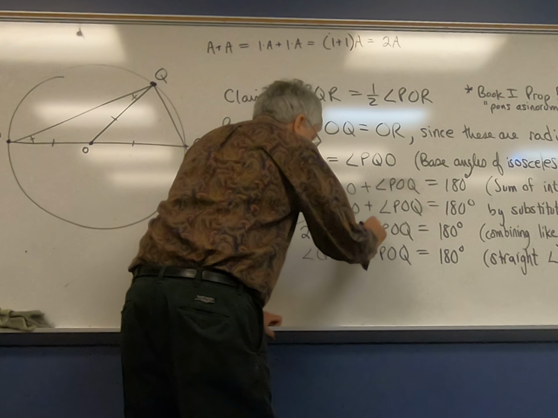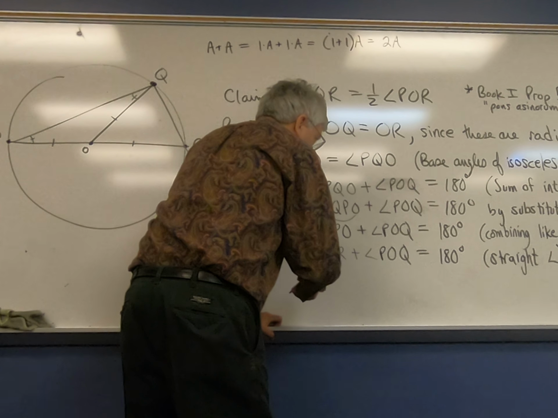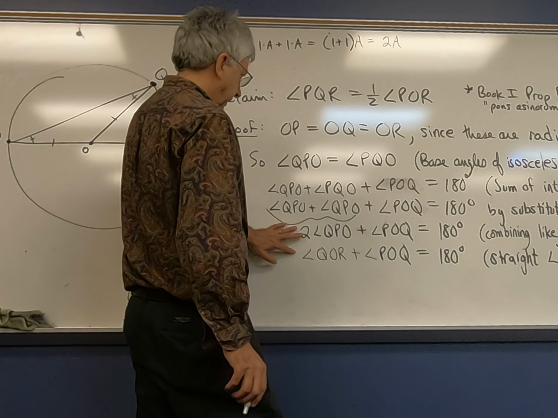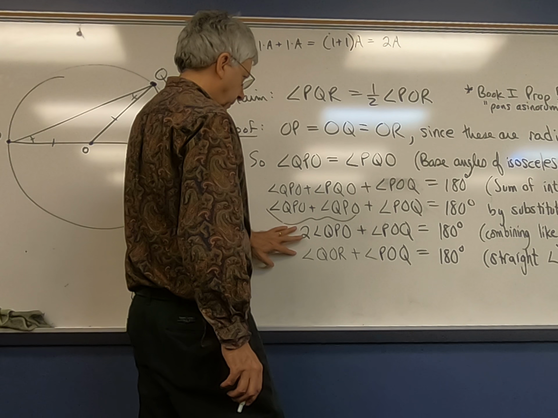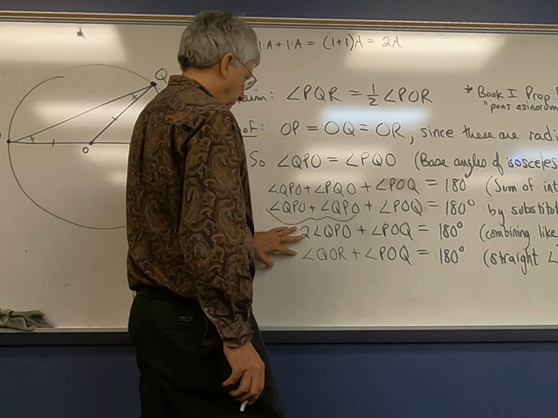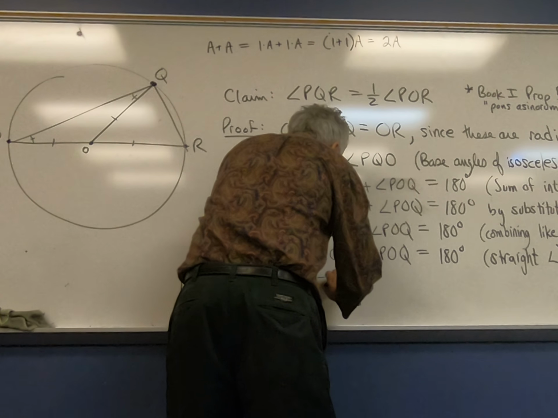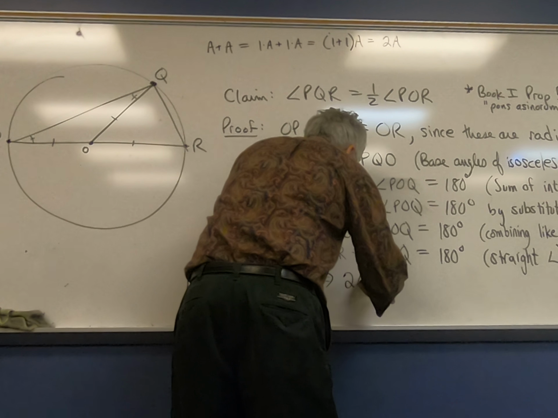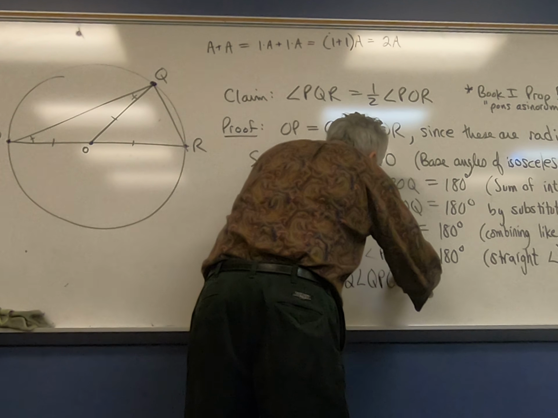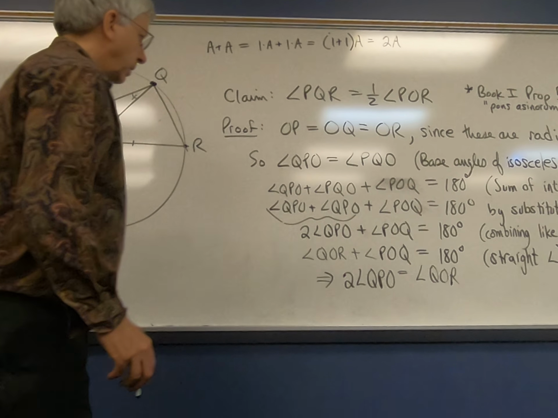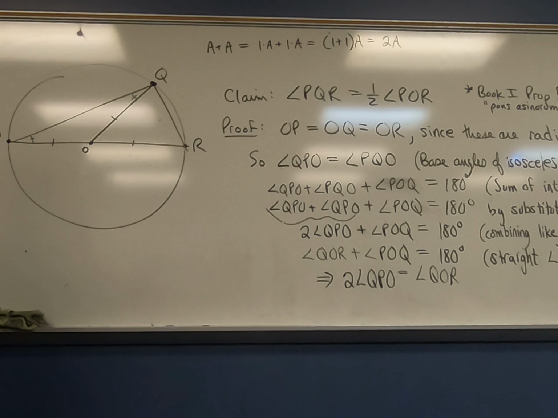So there's a variety of ways I can do this. But this implies that angle QPO must be the same as angle QOR. And why? What's the justification for that? Well, I could subtract the same thing, then things equal to the same thing are equal to each other.